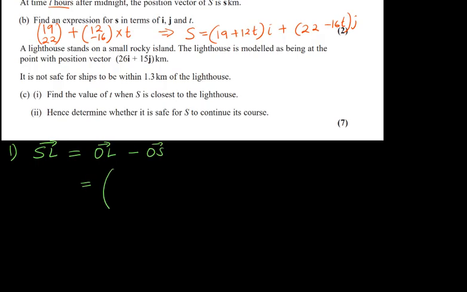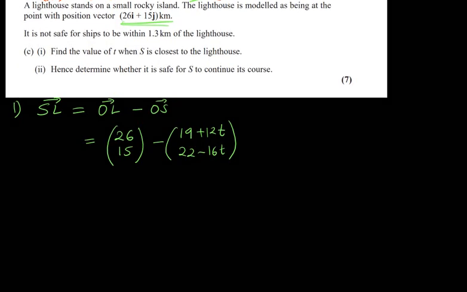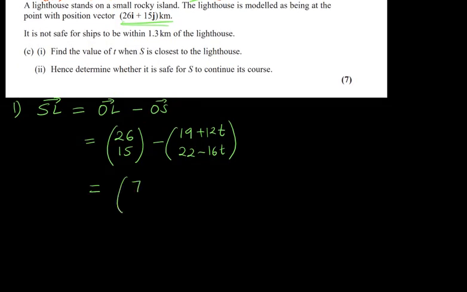The displacement of the lighthouse from the origin is already given in the question, so this is 26i plus 15j minus the ship's position at any given time, which we obtained over there, (19 plus 12t)i, then (22 minus 16t)j. When you work this out, we end up with (7 minus 12t)i, then (negative 7 plus 16t)j.